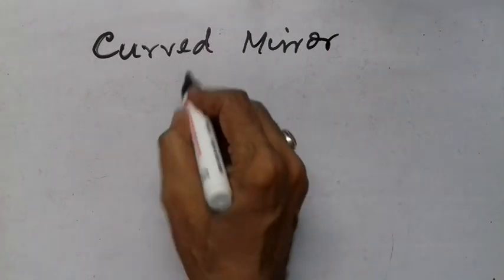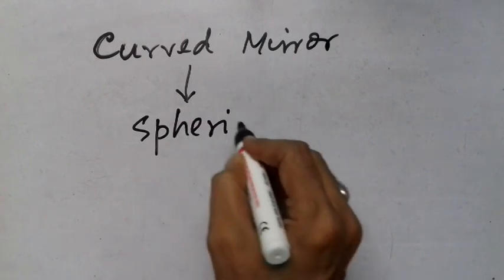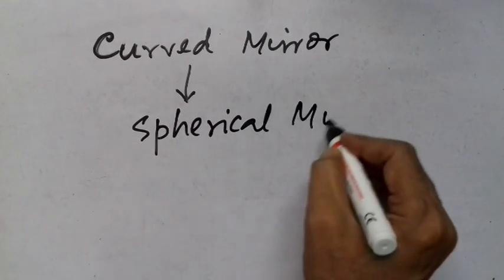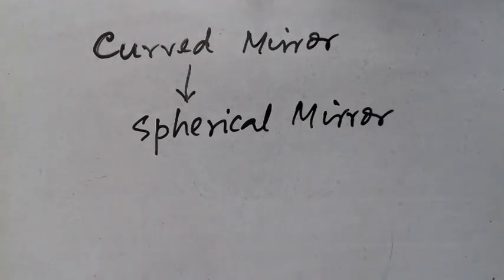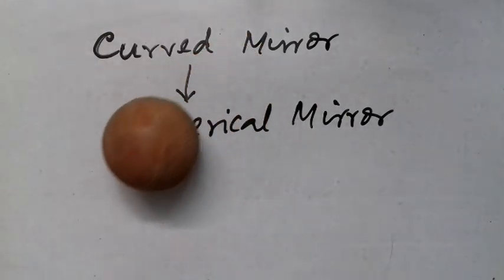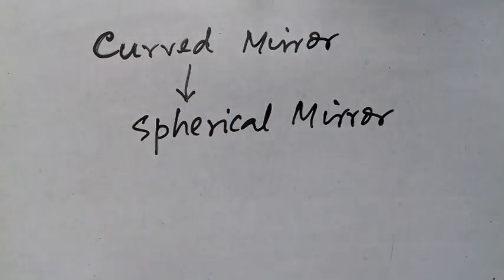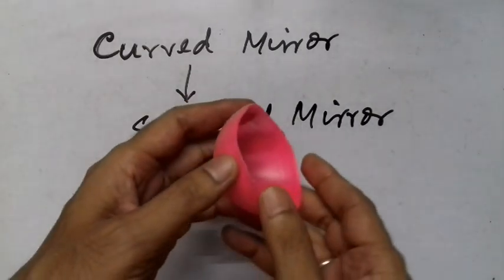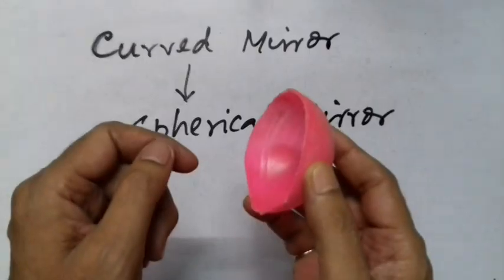Curved mirrors generally are spherical mirrors, a part of a sphere, like a ball. If you cut a slice of it, it will look like this: one side inflated, the other side depressed.